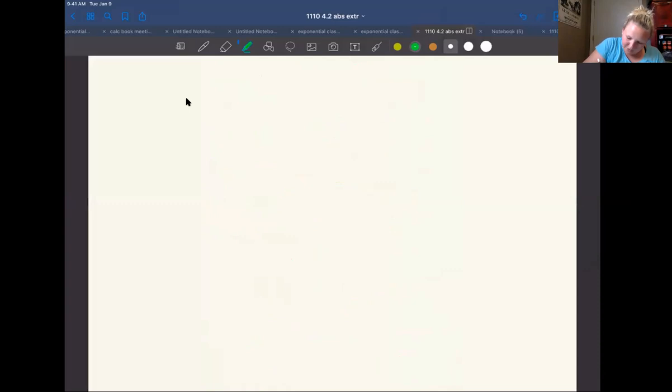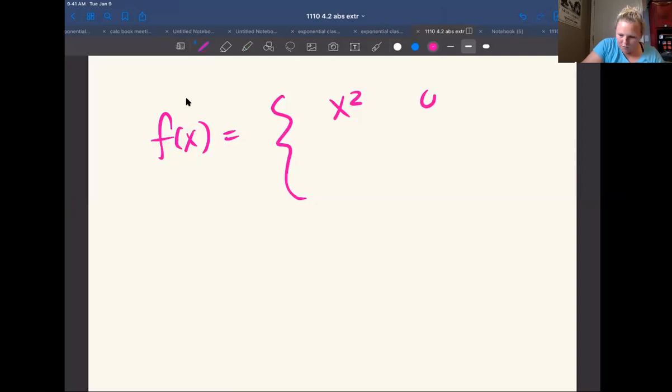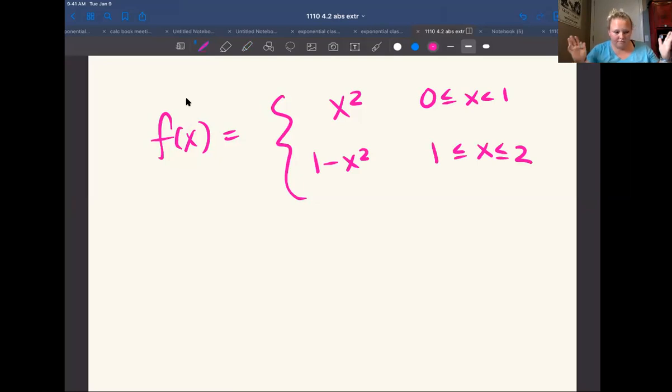Say you had this piecewise function: we've got x squared from 0 to 1, and then 1 minus x squared from 1 to 2. So we're only looking from 0 to 2. This is defined from 0 to 2. One is a parabola, and I don't even know how these two would come together.